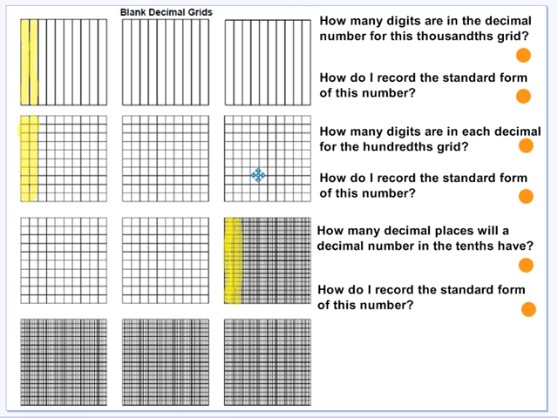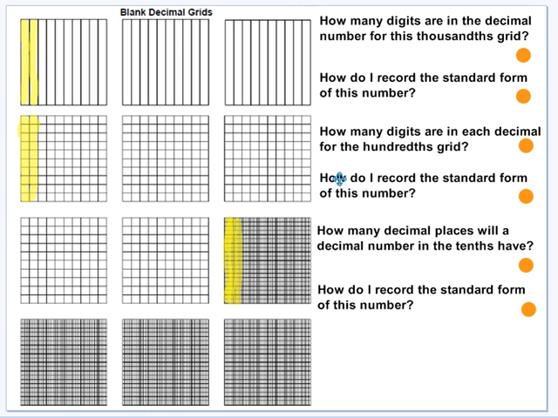These are tenths because it's broken into 10 equal parts. This one is a hundredths grid because it's broken into 100 equal parts, a 10 by 10. This one is our thousandths grid because it is broken into 1,000 equal parts, 100 by 10.